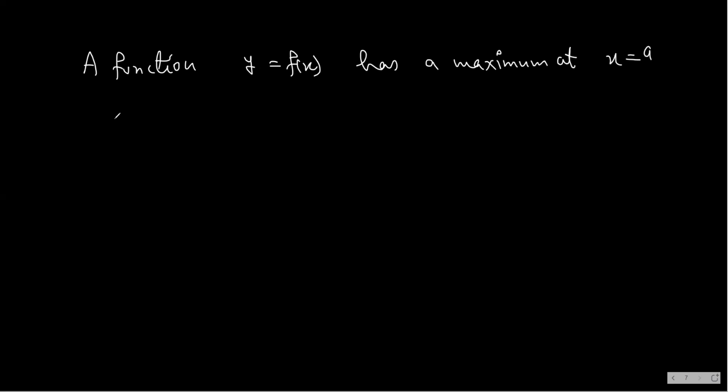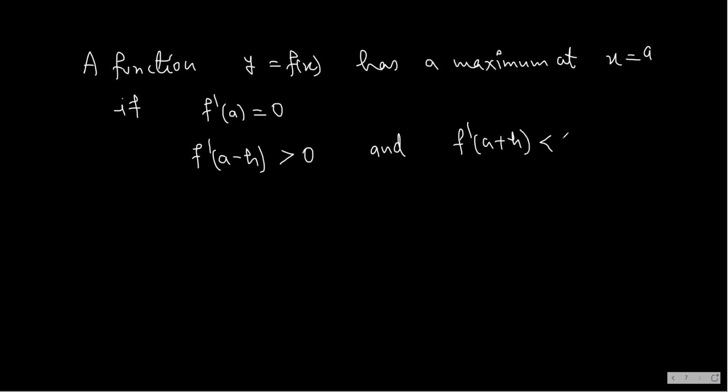A function y equal to f of x has a maximum at x equals a if f dash a is 0, f dash a minus h is greater than 0, and f dash a plus h is lesser than 0.